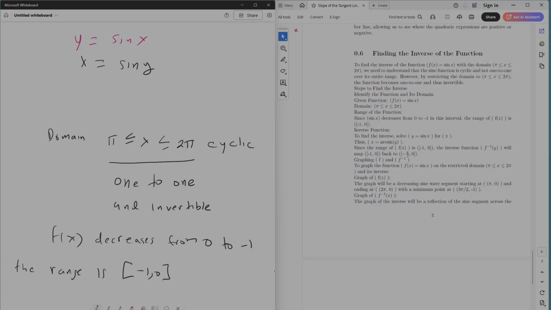The way we're going to solve for y is we take the inverse, arc sine of x equals arc sine of sine y, so this becomes y. So arc sine of x equals y.